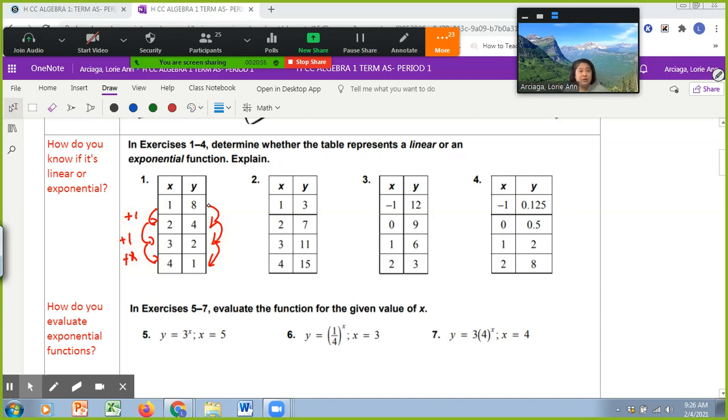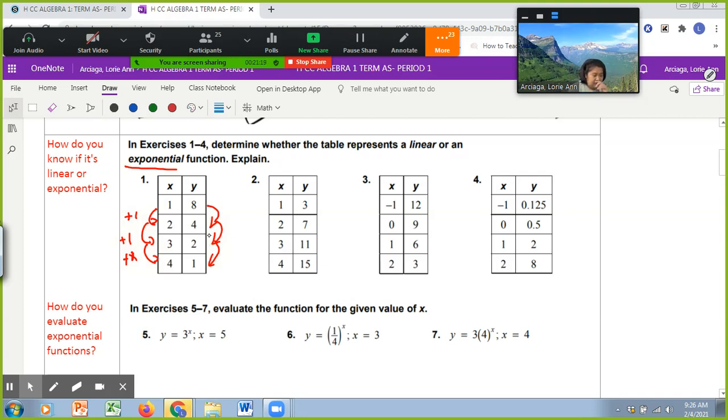Are they being doubled? They're being halved. So if they're being halved or doubled, then it's an exponential function. If you can find a common multiplier or a common divisor to get the next number, or sometimes they call it factor, then it's an exponential function.